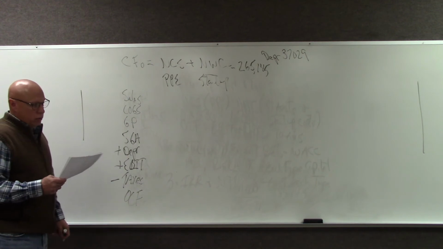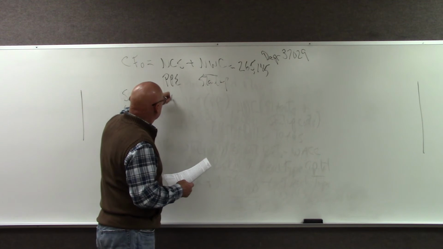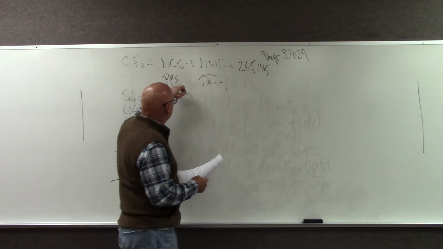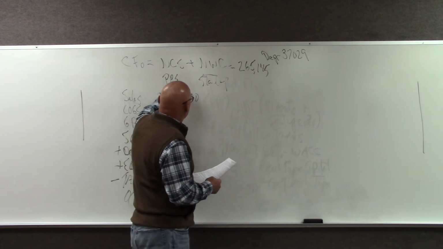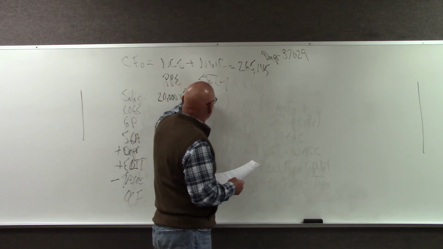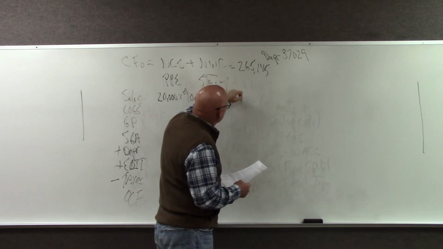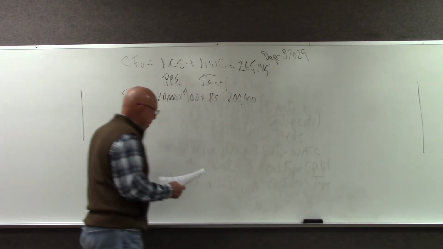So let's do our sales. We have 20,000 tables a year times an average ticket of $100 a table times a charge of 10%, 0.1, and we get $200,000 as our annual revenue. Okay?